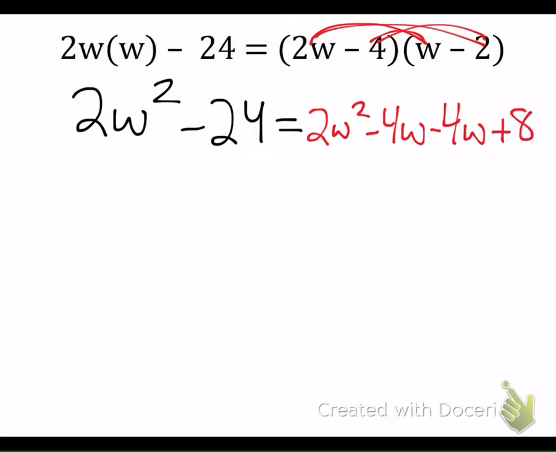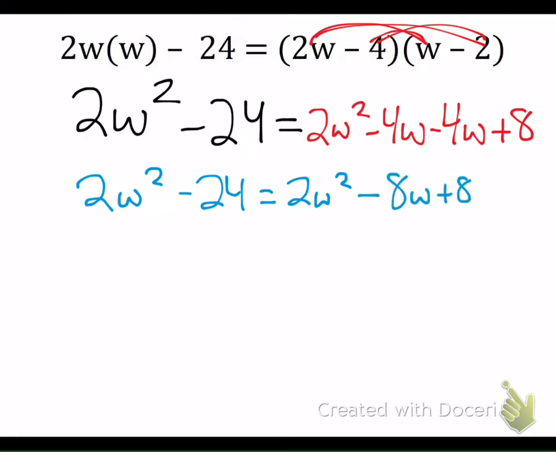Once again, I'll take a quick pause so you can catch up. If you're already here, go ahead and combine the like terms. On the next line, you should end up with 2W squared minus 24 equals 2W squared minus 8W plus 8.